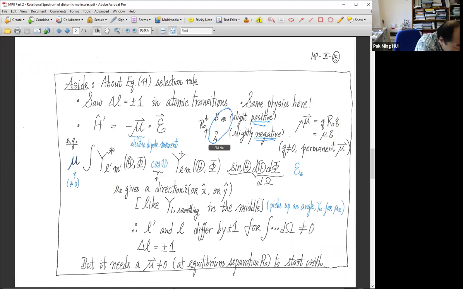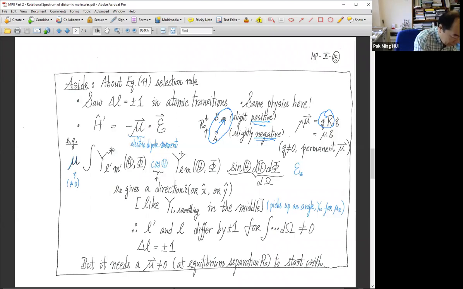The electric dipole moment has a magnitude equal to Q times the separation, and I simply take the equilibrium separation for this discussion. So this is the magnitude, and then the direction is pointing from the -1 to the +1.